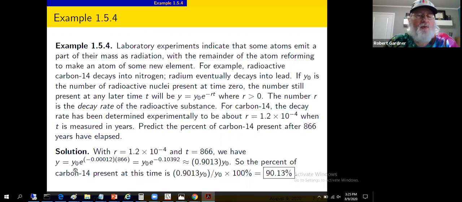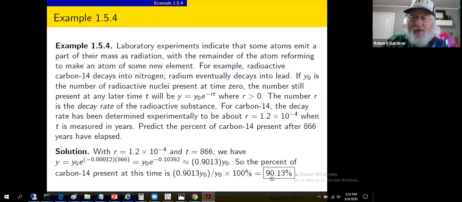You started with y sub 0 carbon-14. 866 years later, you've got 0.9013 of y sub 0. So how much of the original carbon-14 is left? 0.9013 is the amount. We'd convert that into a percent and get 90.13%.